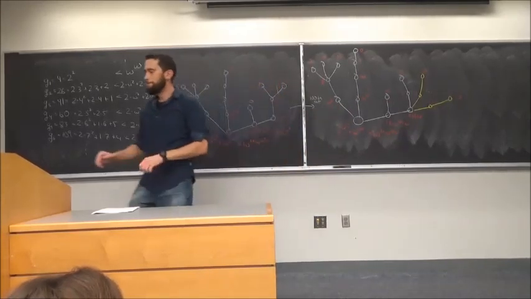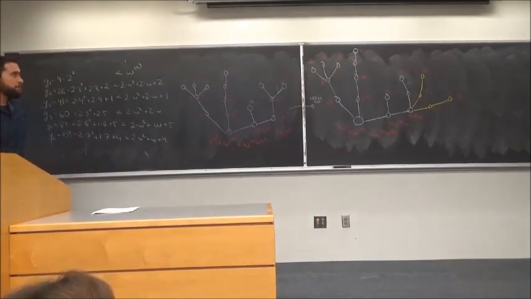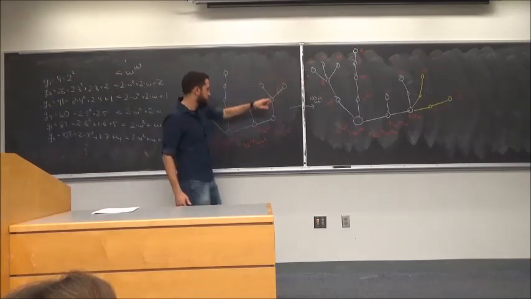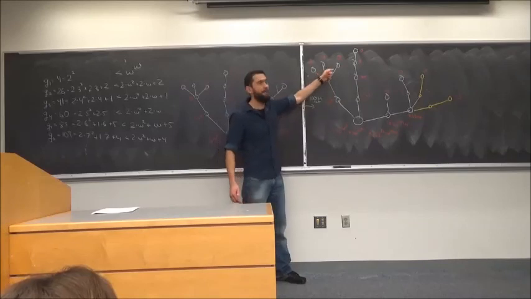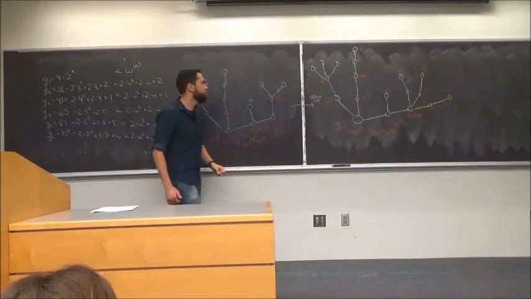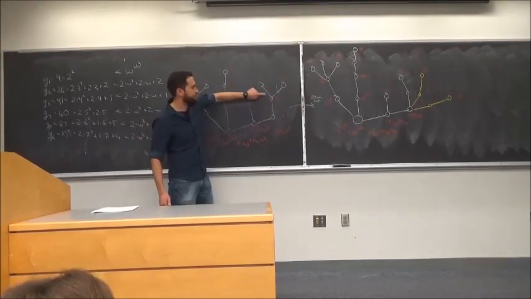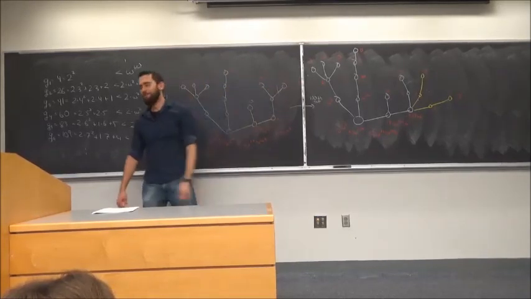You cut off a single head, and you can't grow another one back. But you're only allowed to chop at the top. You're not allowed to chop down here. That's the point. When you chop, you grow back from this node, so this is the stump. You look at the subtree containing the stump, and you grow back copies of that subtree.